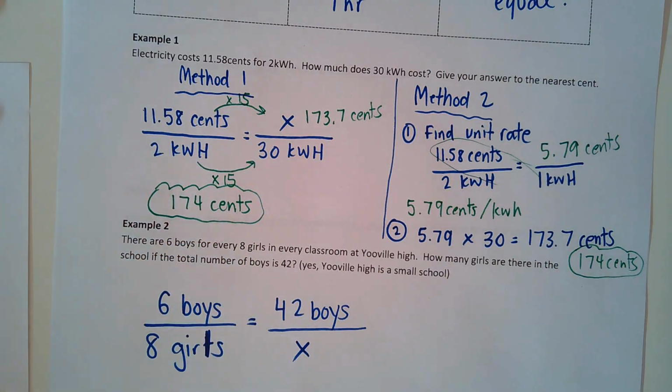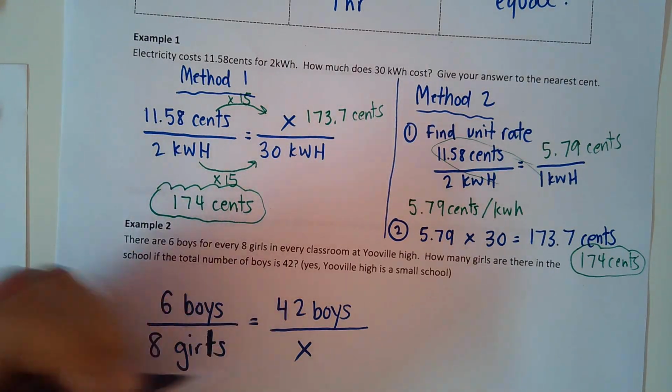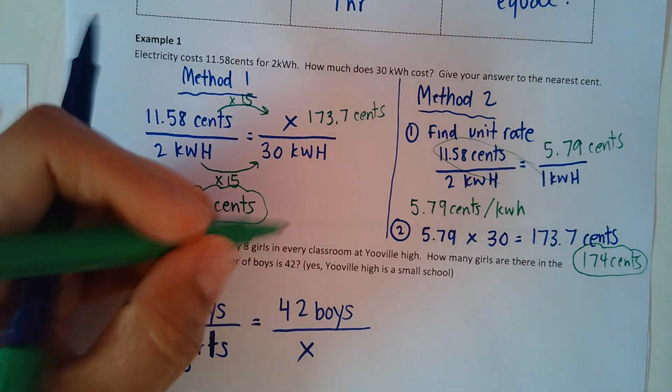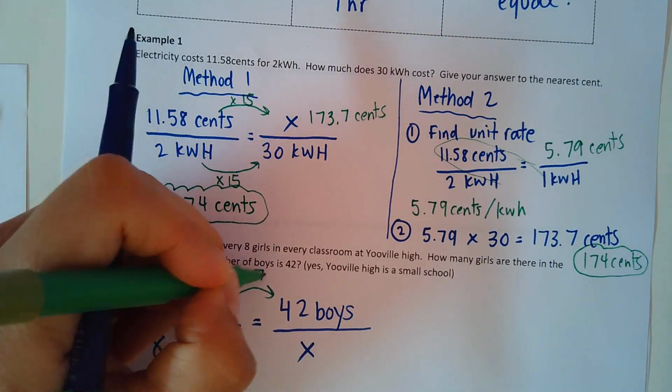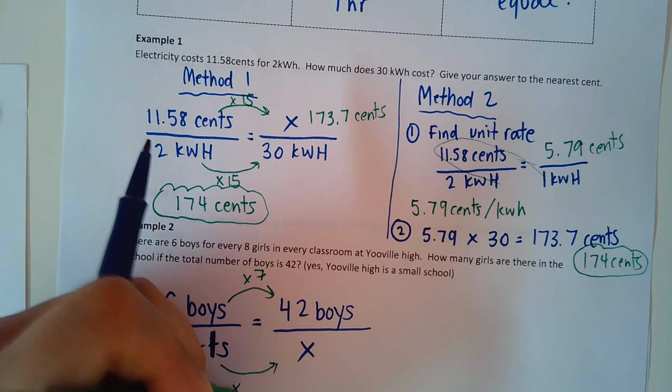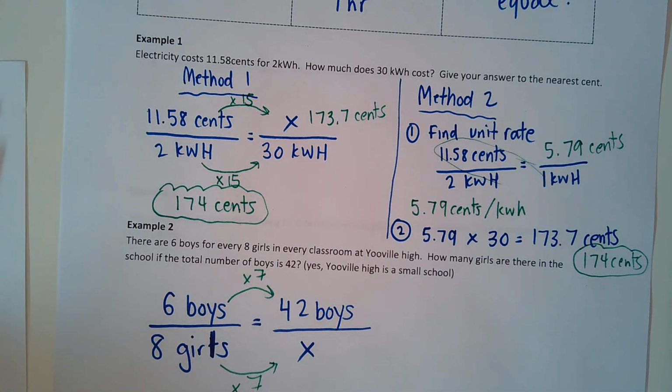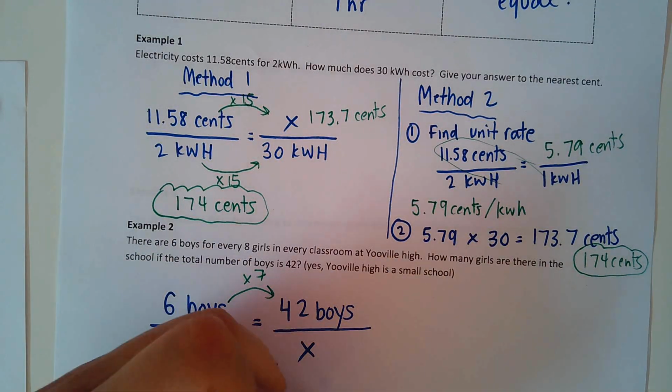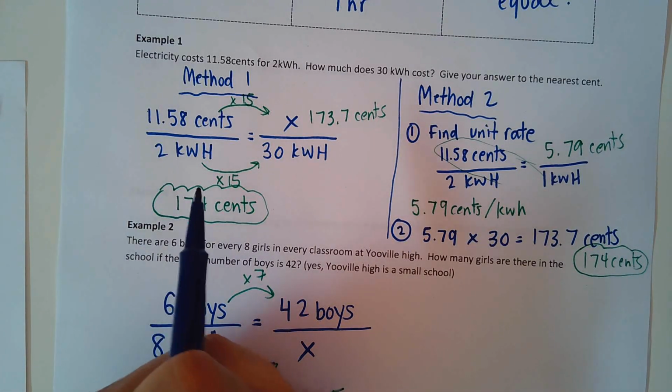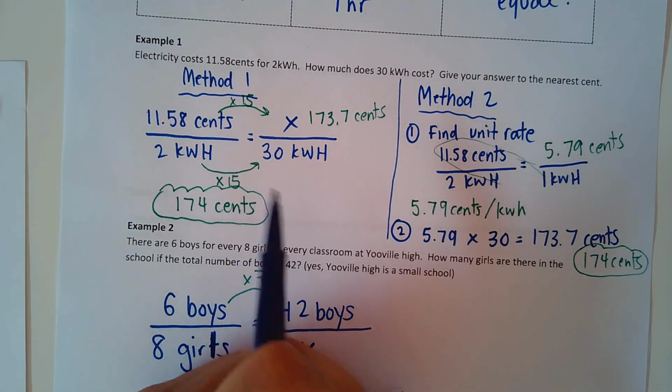So here we know that you can use cross multiplying. So you can cross multiply, or the quicker method here, I know that this needs to be multiplied by 7. So I would multiply this by 7, and 8 times 7 is 56 girls.